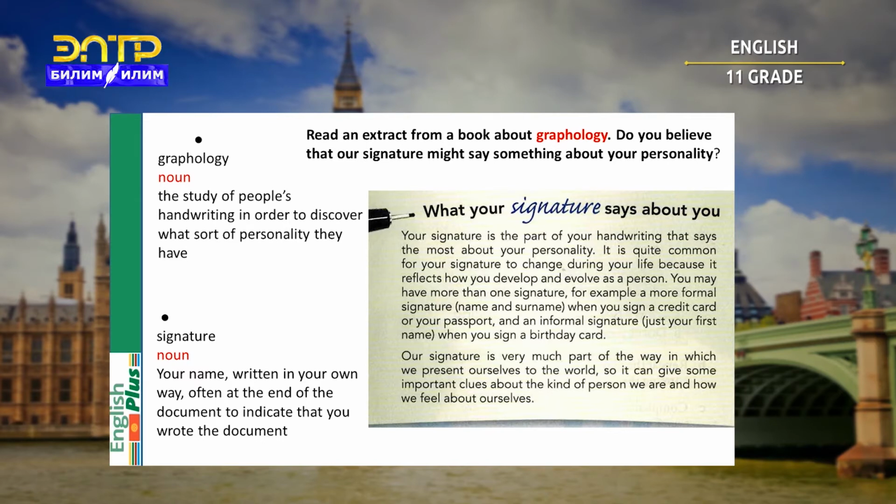For example, a more formal signature, name and surname, when you sign a credit card or your passport. And an informal signature, just your first name, when you sign a birthday card. Our signature is very much part of the way in which we present ourselves to the world. So, it can give some important clues about the kind of person we are and how we feel about ourselves.